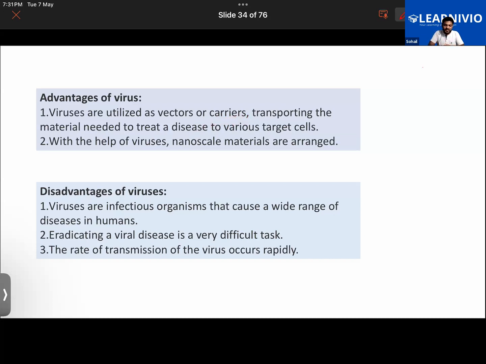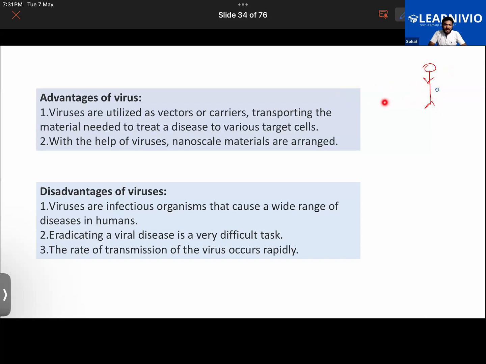For example, in the body there's a particular tissue or organ that is damaged, where the cells are damaged or where some damaging agents are present, let's say some bacterial cells or some other viruses. There you want to provide the medicines, the material, at that specific location in the body.